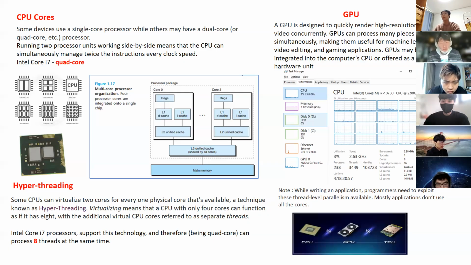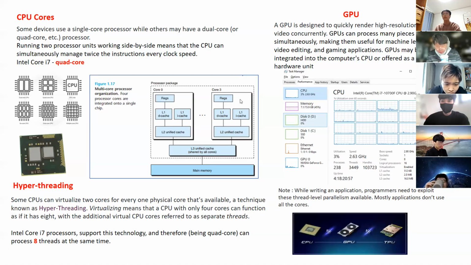For example, rendering a high definition, high resolution image. When you are rendering a high resolution image, you are working on the pixels, and for each pixel you are doing the same task multiple times.